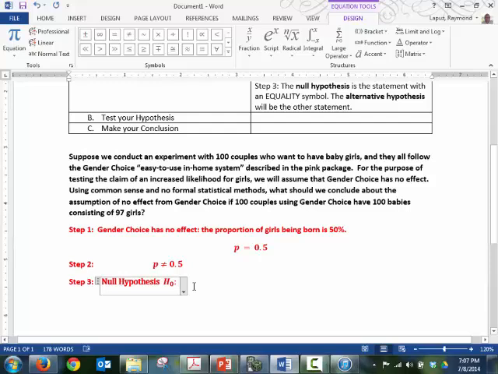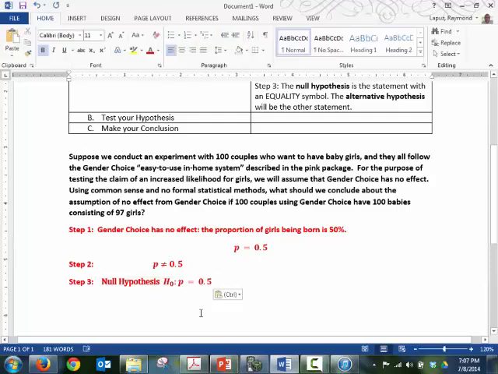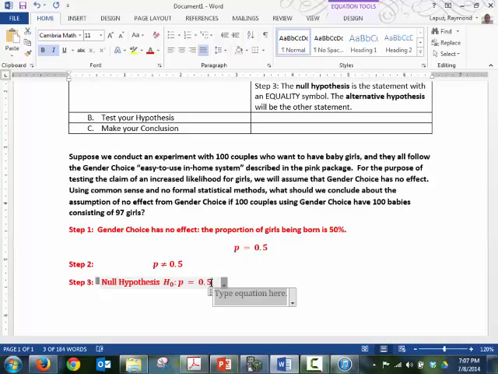Now, between the two statements that I have up there, which one is the null hypothesis? The first one. That has a condition of equality. And then the second one is going to be called the alternative hypothesis.